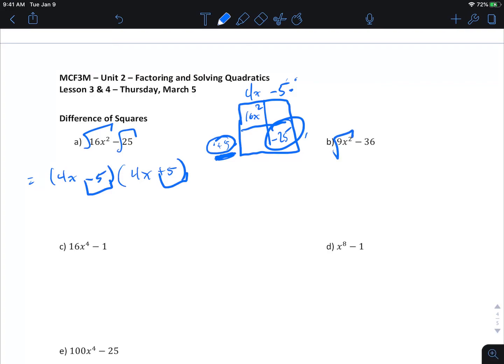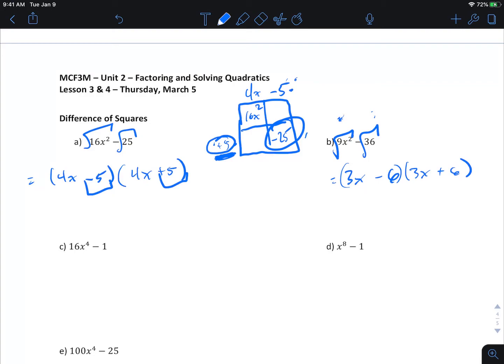Square root of 9x squared is 3x, and the square root of 36 is 6. I'm going to throw a negative sign on one, and write it again: 3x plus 6. That's it. I promise you that expands out to give you what you started with.